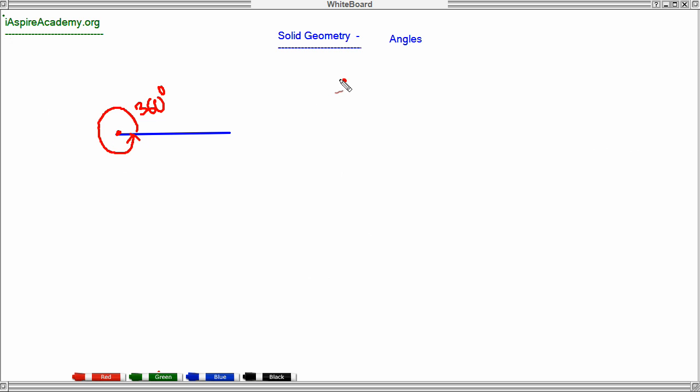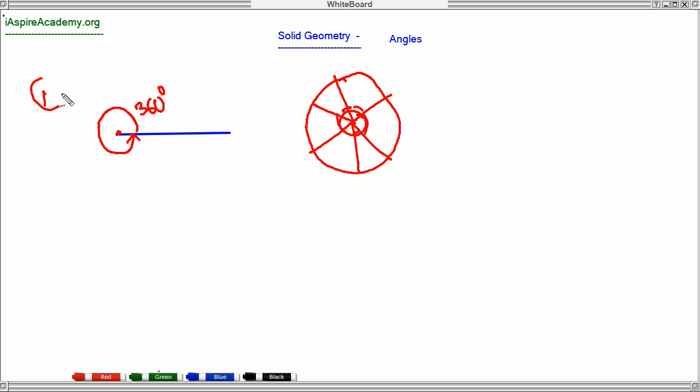For example, if you draw a circle, so this is not a perfect circle, but let's say it's an angle, the entire angle around this is 360 degrees. So if you do numerous lines through this, all the angles together would make 360 degrees. So that's rule number one.